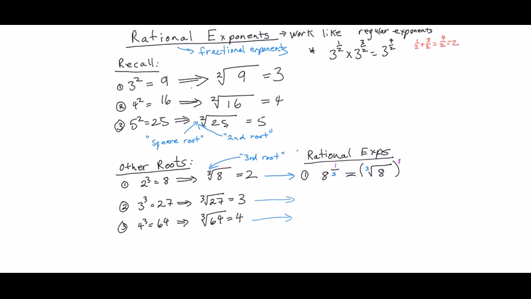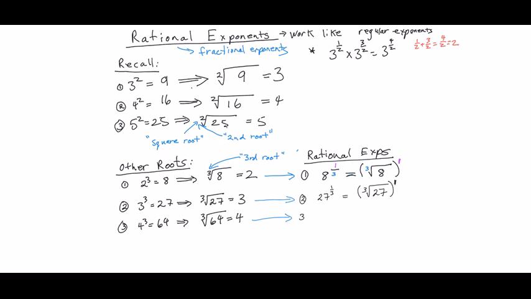So if I was taking a look at the third root of 27, let's rewrite this in something that we can understand. That's similar to what we just did. So if I wrote 27 to the 1/3, we write that as, well, we're going to put 27 underneath the root sign. Now, the denominator, the 3 that's on the bottom of the fraction, goes with the root, and the 1 goes up here.